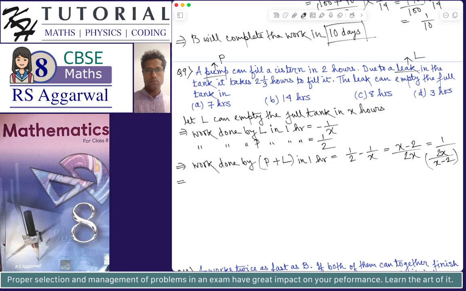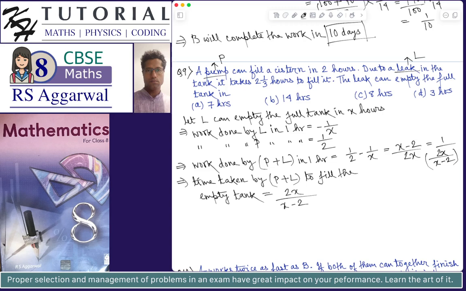From this we can say time taken by P plus L to fill the empty tank will be equal to 2x divided by x minus 2.